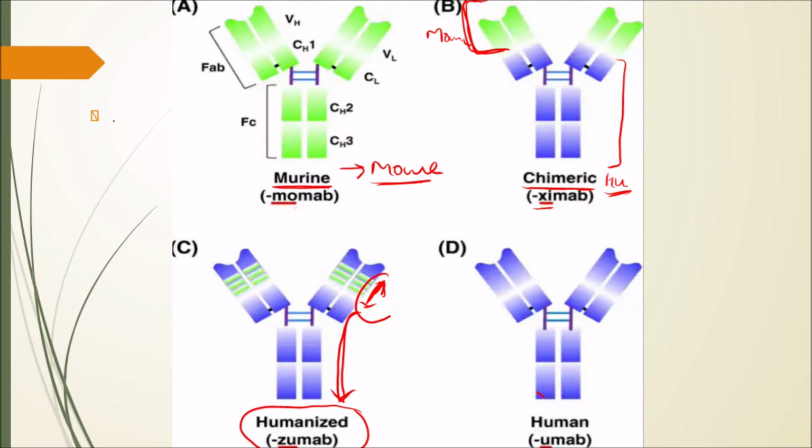Only the CDRs are from mouse. So this is what humanized is, known as ZUMAB, and the antibodies taken fully from human are known as UMAB. Okay, so remember all these things. This question was asked: what are humanized monoclonal antibodies?